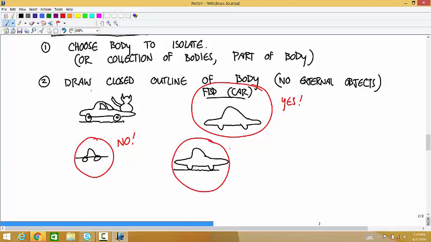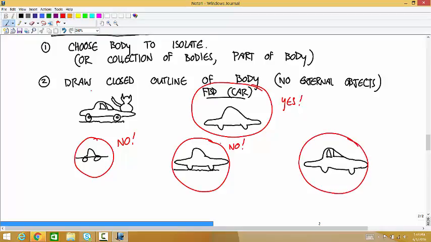The grass is not included. How about this? This doesn't look so bad. No! Because the windows are internal to your boundary, and so you don't want those drawn. All you're trying to do with this diagram is be perfectly clear about the boundary between your chosen object and the rest of the world. Okay?